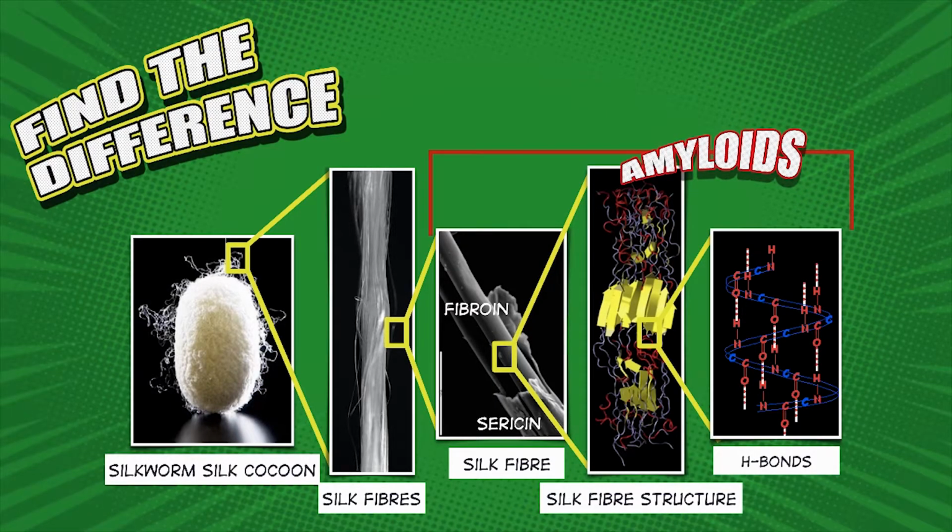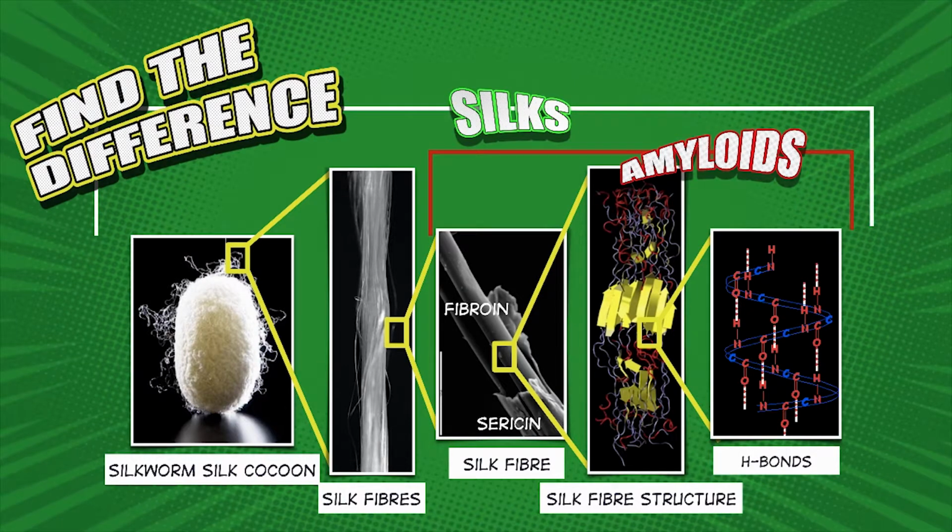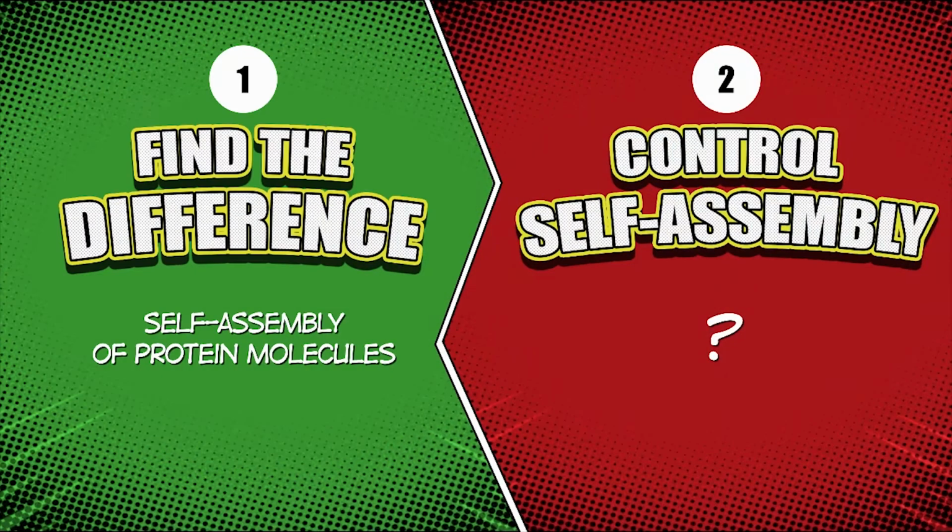So now we know more or less the difference between silk and amyloids, and the difference is in the self-assembly pathway, or in the mechanism of formation of protein fibers. So the next rational step is to try to control these self-assembly processes.